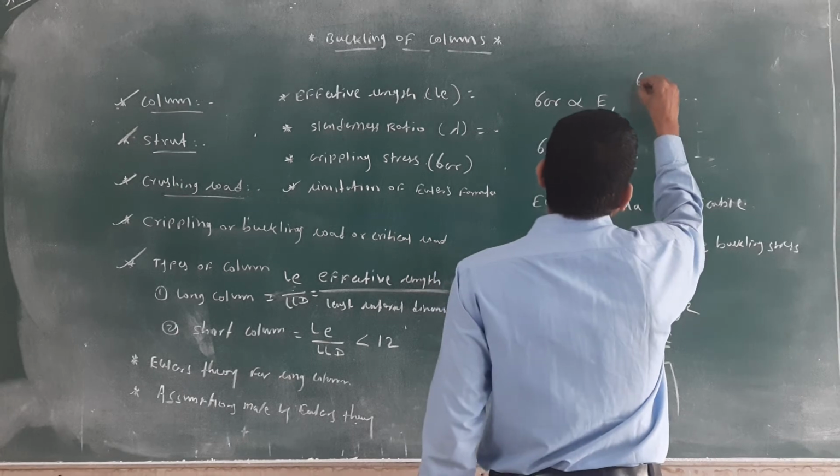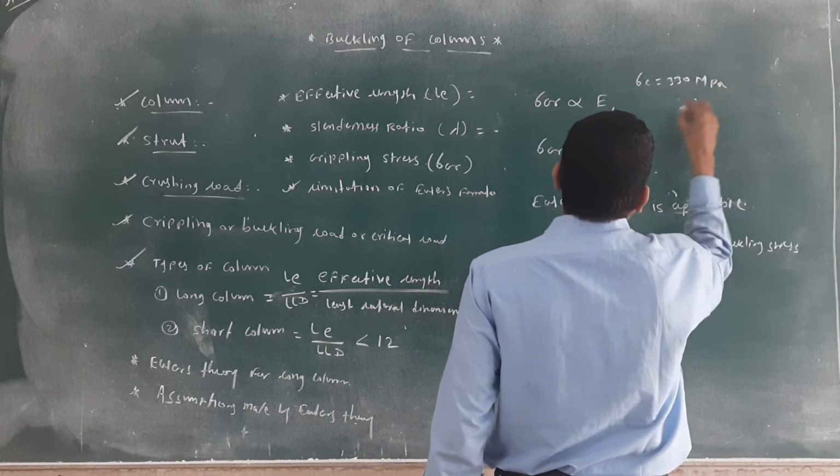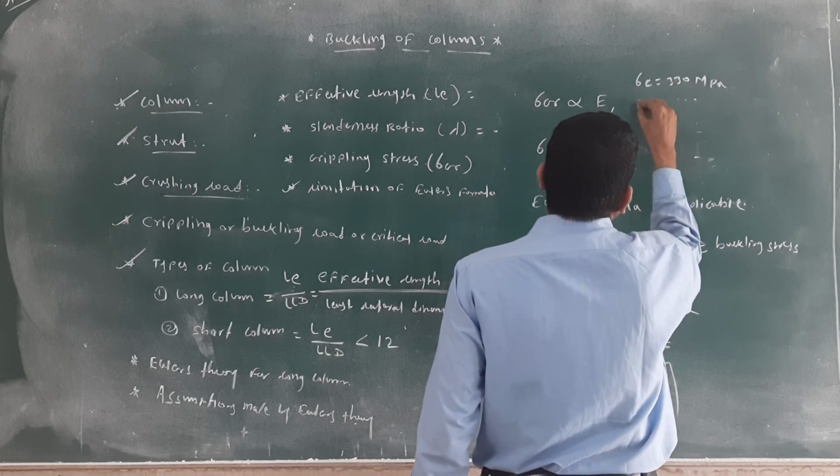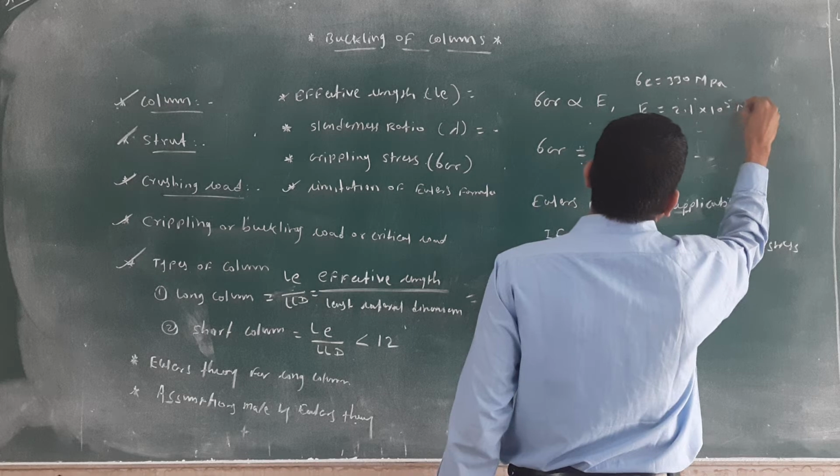Suppose sigma C value is given 330 MPa and suppose E is given 2.1 into 10 raised to 5 MPa.